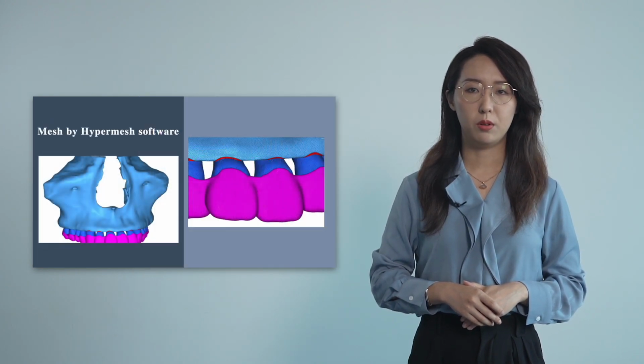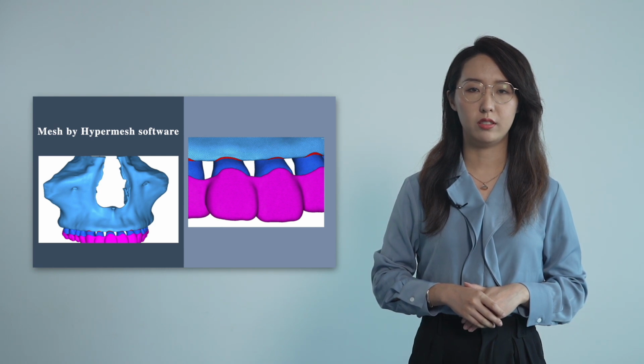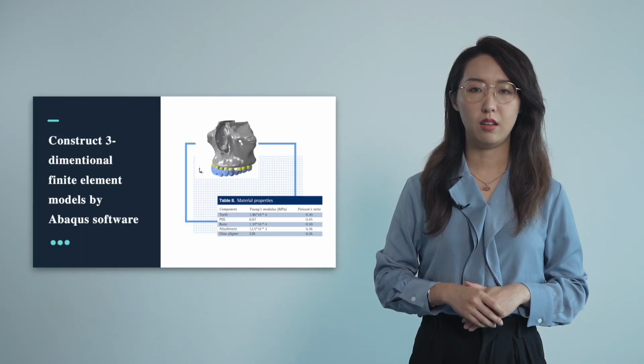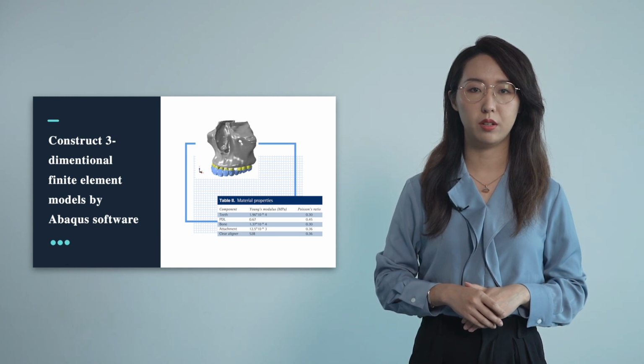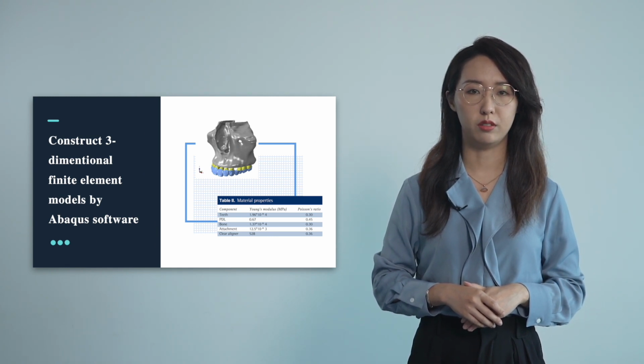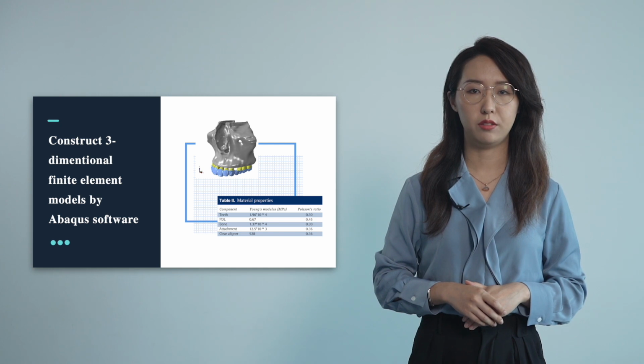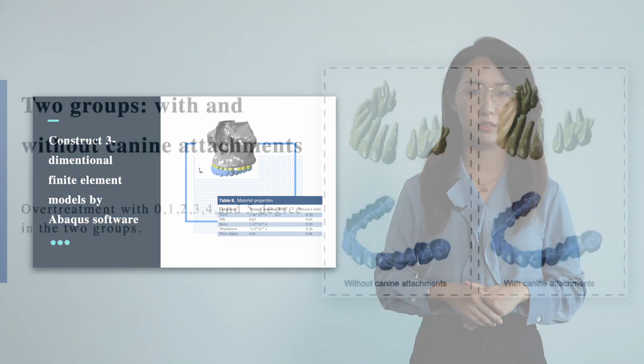Then we assembled all the components and converted them into a 3-dimensional finite element model in HyperMesh software to mesh, and then imported into Abaqus software and set up the material properties, boundary conditions, and contacts between different surfaces of the components.